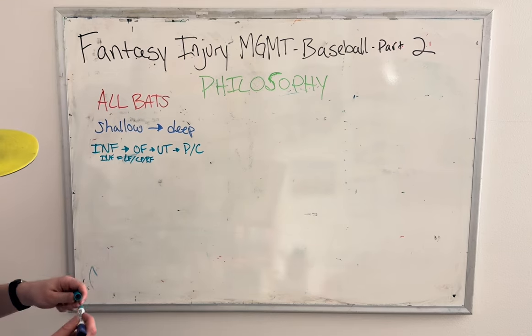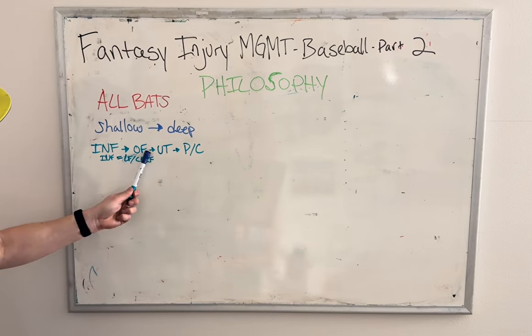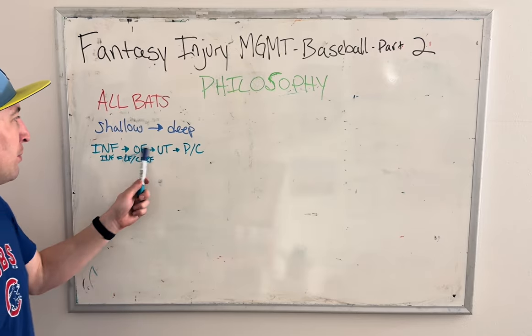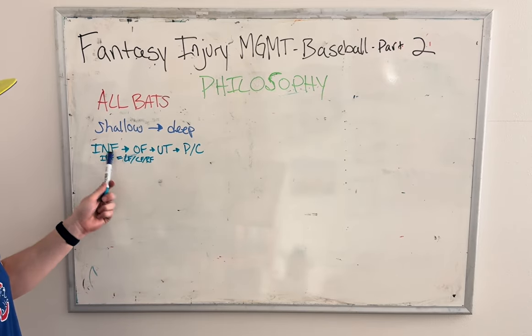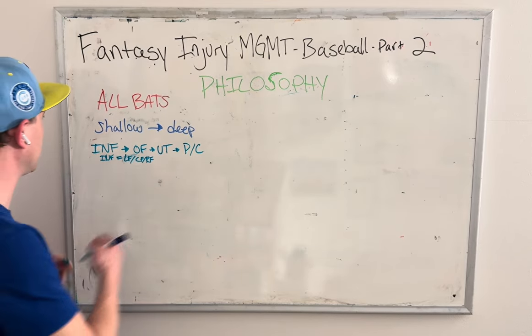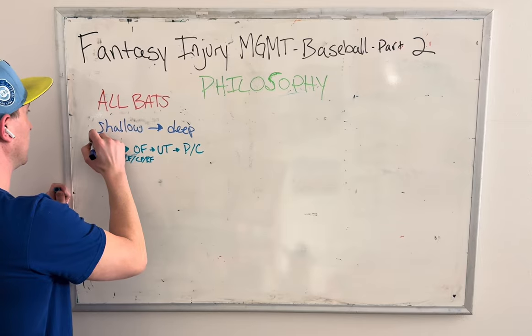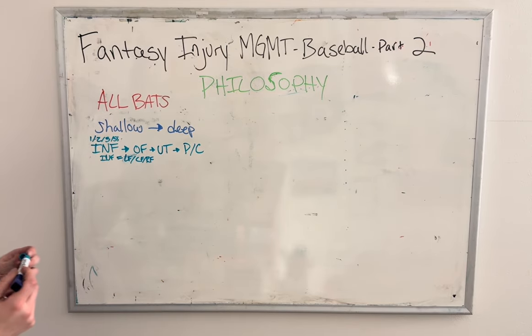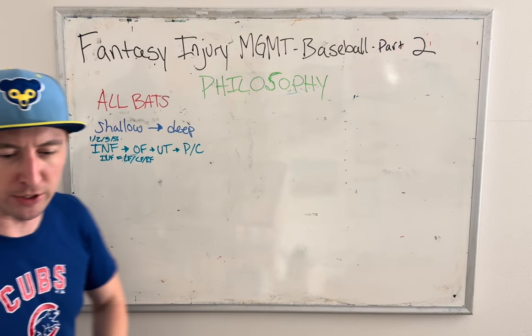But if it's outfield, obviously that's three positions in one at least. So that's a deeper player pool. Infield is split up amongst first, second, third, and shortstop. Then outfield, utility, pitcher, and catcher.